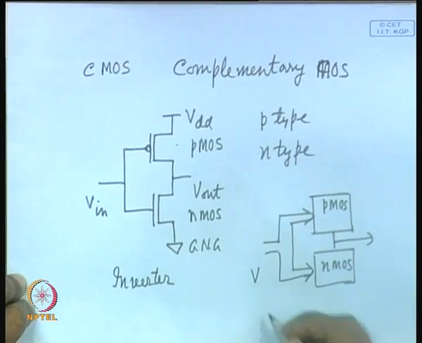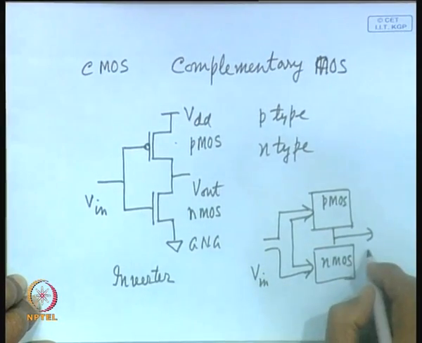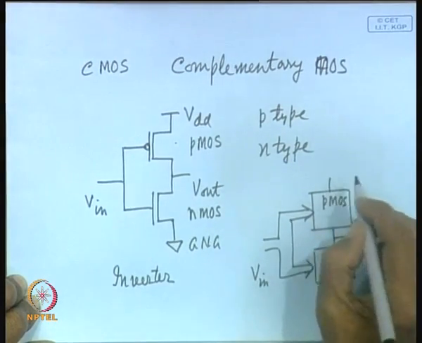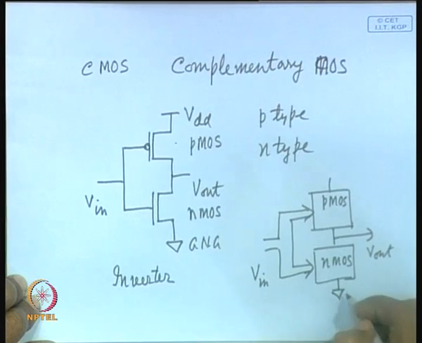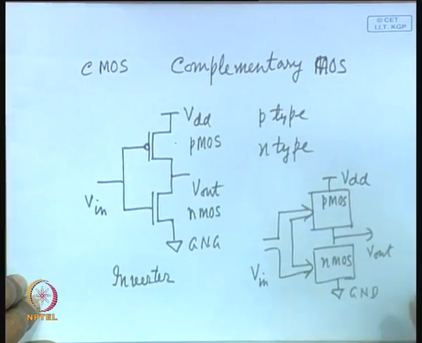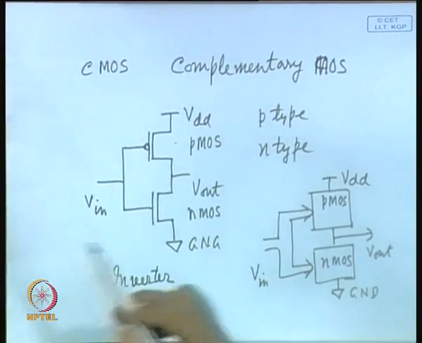So, here are the various inputs, and here is your output, and of course, the NMOS network is connected to ground and the PMOS network is connected to supply voltage VDD. So, this is the complementary CMOS.